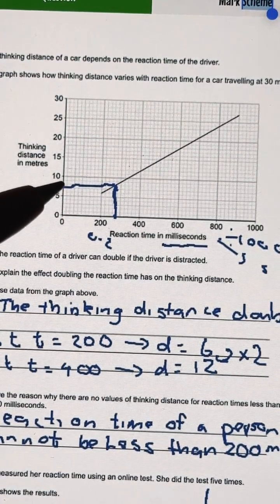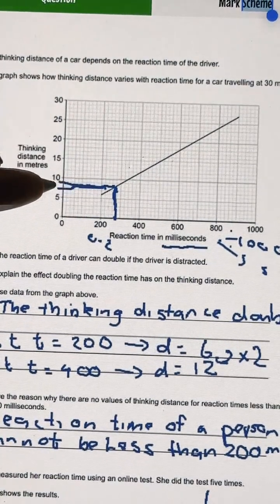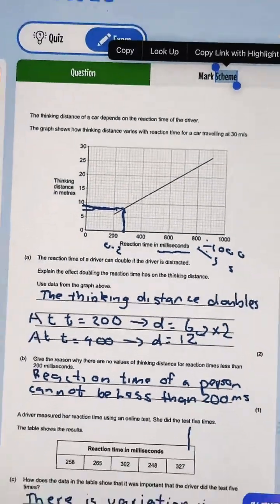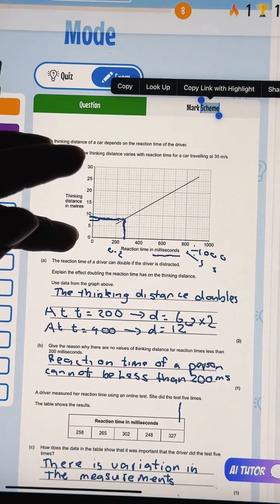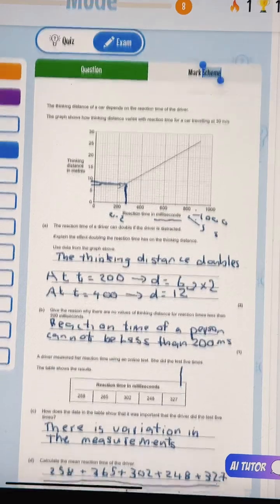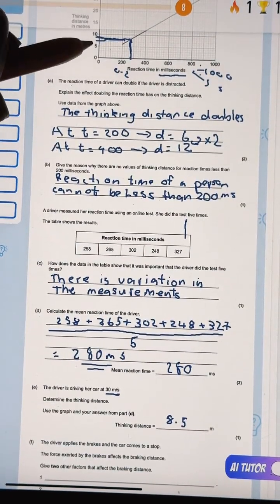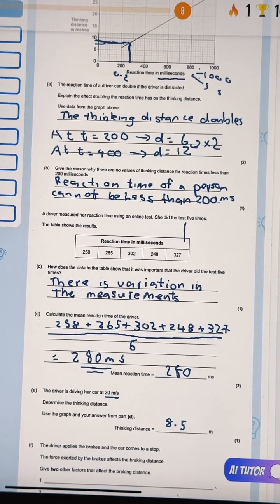You'd allow some variation in your answer, but it would be good to follow this on the graph in your exam as well, showing your working out in the question, so that the examiner can see what you've done to determine your answer. In this case, it looks kind of halfway between the squares of 8 and 9, so I gave 8.5.